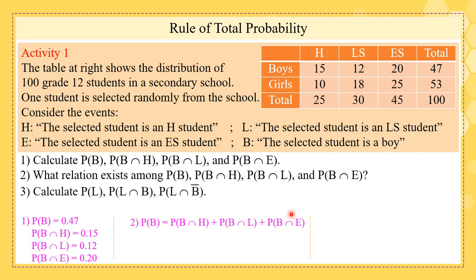Now let's continue. Calculate P of L intersection B and L intersection B bar. Let's see what is the probability of choosing an LS student. The LS are 30. It will be 30 over 100, which is 0.3. And then the probability of L intersection B is the probability of selecting a boy from the LS section.